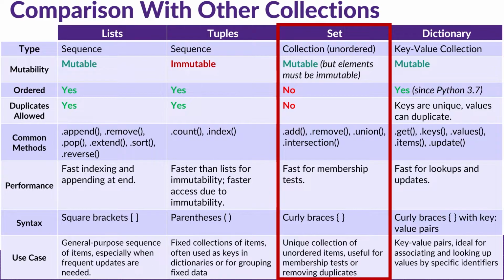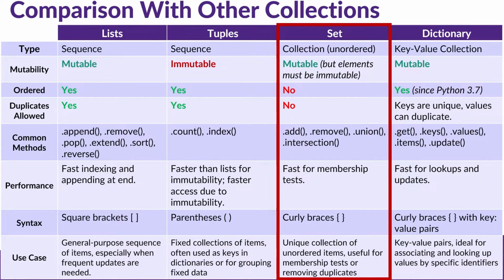In terms of performance, there's trade-offs to all of these. Lists are really fast at finding a specific element, as well as appending an element to the end of the collection. Tuples are faster than lists because they're immutable, but then we lose that advantage of being able to add or remove elements from our collection.